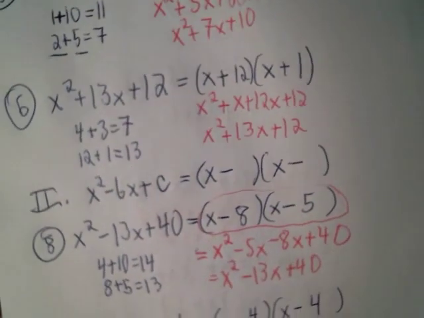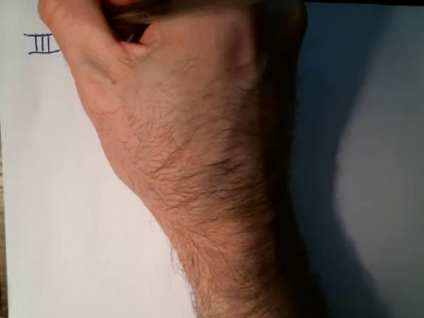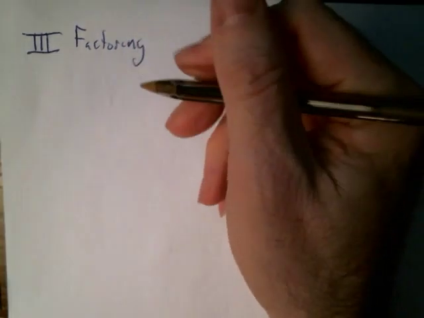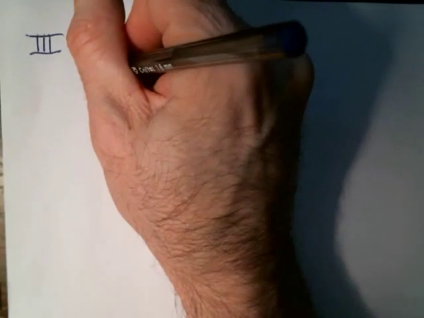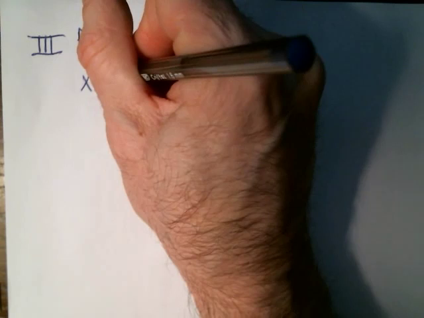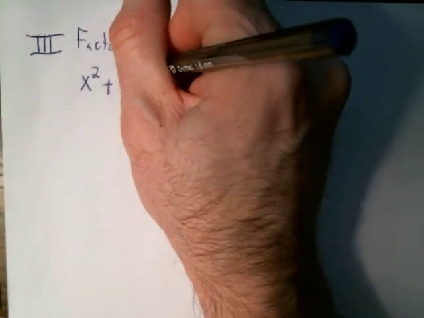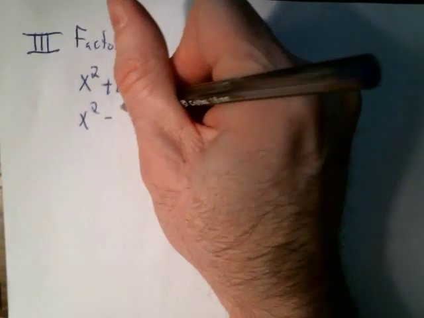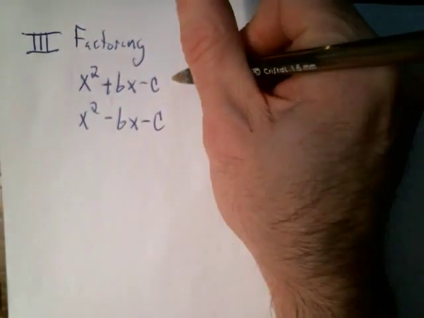Now the third and fourth forms, we're sort of going to combine those into one group. Okay. So factoring these two forms, we'll have x squared, sorry, plus bx minus c, and then x squared minus bx minus c.